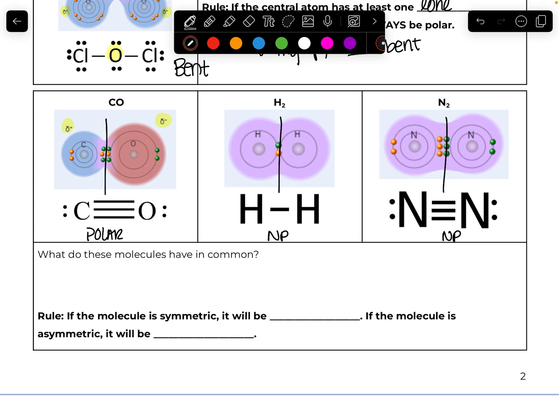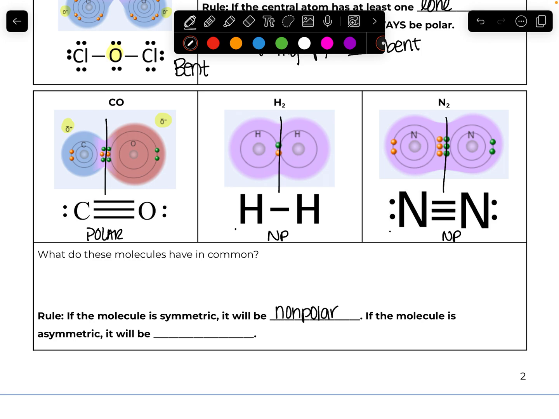So this brings us to this idea of symmetry. If you have a molecule that is symmetric, what would that mean to you? It would mean that it's the same on every side, right? Same across the whole molecule. If a molecule is symmetric, it's going to be like H2 and N2, the same across the whole molecule, therefore it's going to be nonpolar.